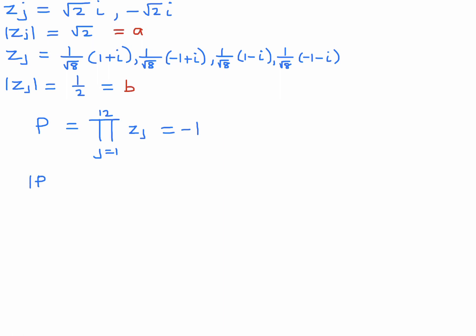Well, I also want to take the magnitude. If the magnitude is calculated, that's going to help me. And the magnitude of -1, obviously, is 1. So this is the setup of the question. So now let's proceed.